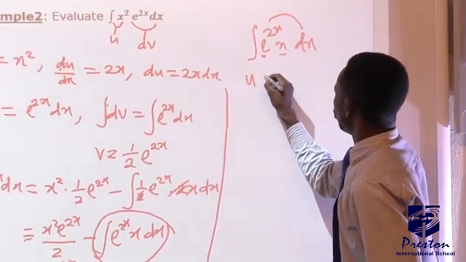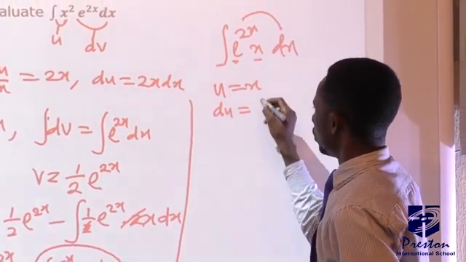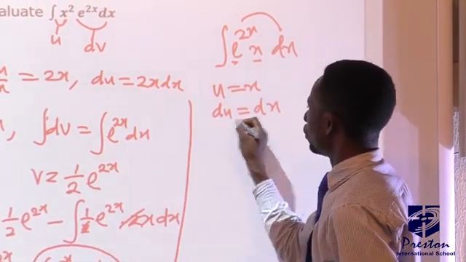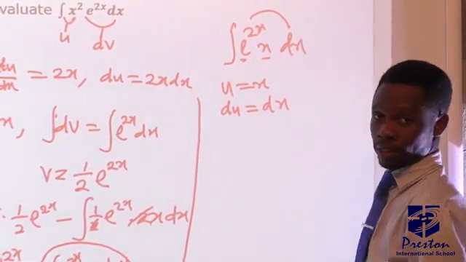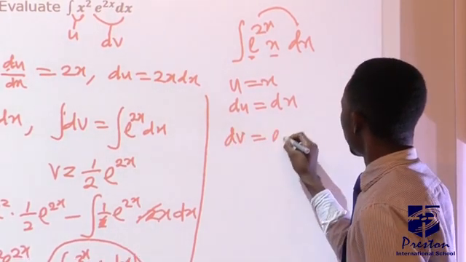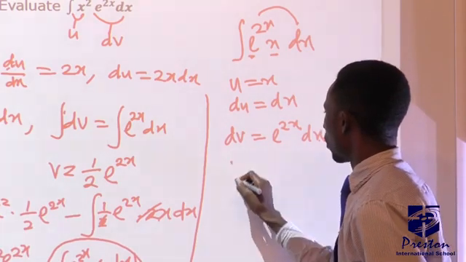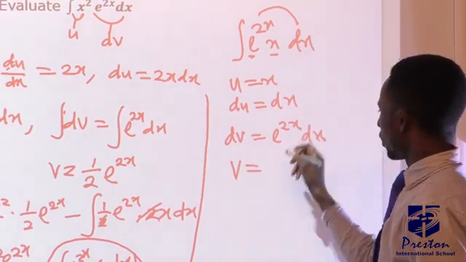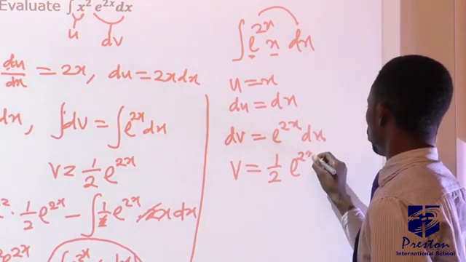We say u is equal to x, then du over dx gives us 1. When we cross multiply, that gives du equal to dx. Then the next one is our dv equal to e to the 2x dx. When we integrate, we have v equal to 1 over 2 e to the 2x.